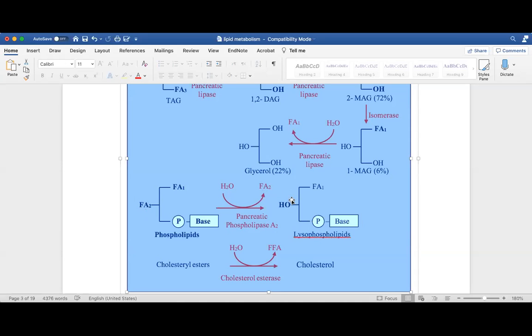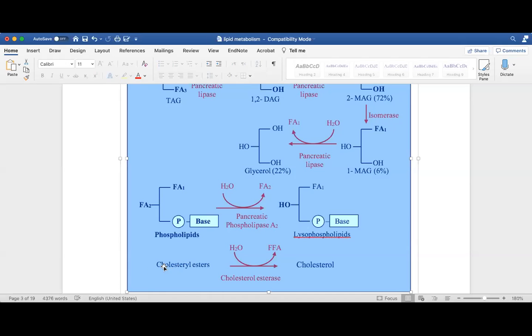Lyso means we removed the fatty acid from position number 2, and instead we get the hydroxyl group, the alcoholic group of the glycerol. This causes lysis of RBCs if its level is high. But of course, it is not present in the RBCs. It is present in the intestine because digestion occurs inside the lumen of the intestine.